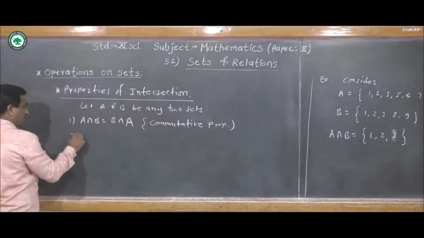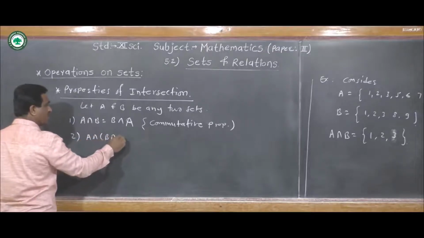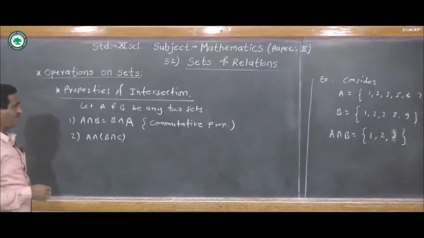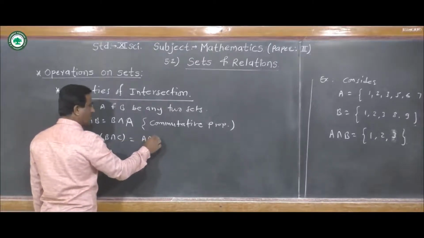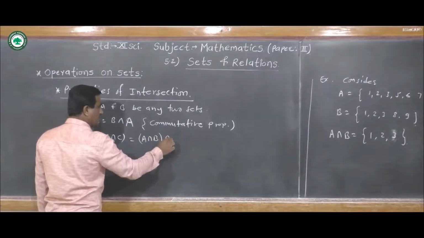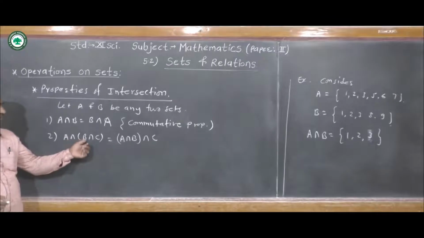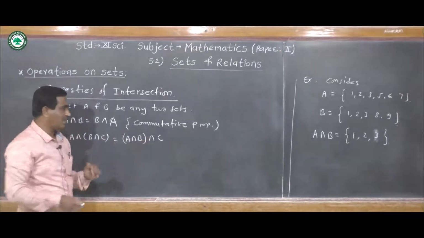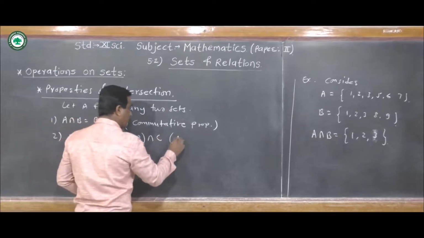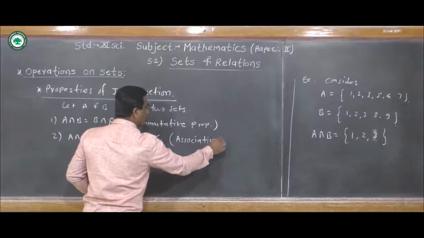Number second, A intersection B intersection C. Now we consider three sets here, A, B, and C. A intersection B intersection C is equal to A intersection B intersection C. This is called as associative property.